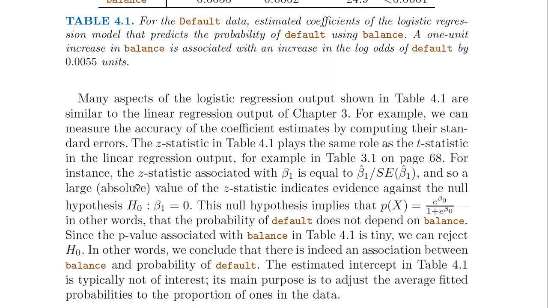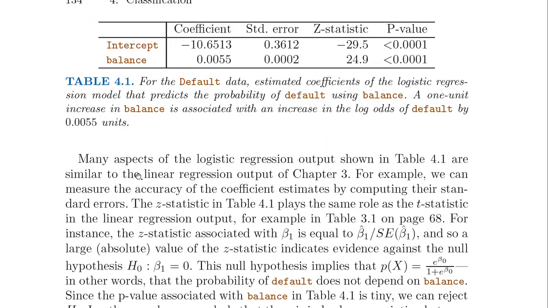Many aspects of the logistic regression output shown above are similar to the linear regression output of chapter 3. For example, we can measure the accuracy of the coefficient estimates by computing their standard errors. The Z statistic in table 4.1. So even if this is really small, and it's just quite small, isn't it? But relative to its standard error, I mean, small means nothing, right?